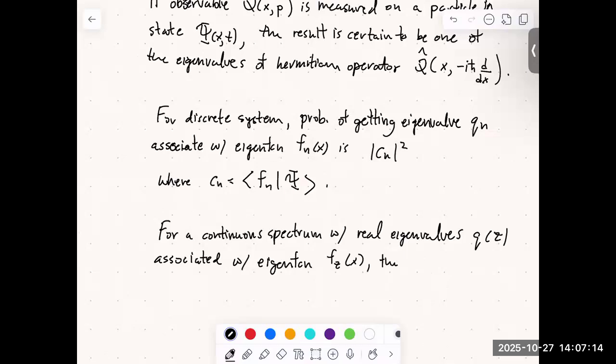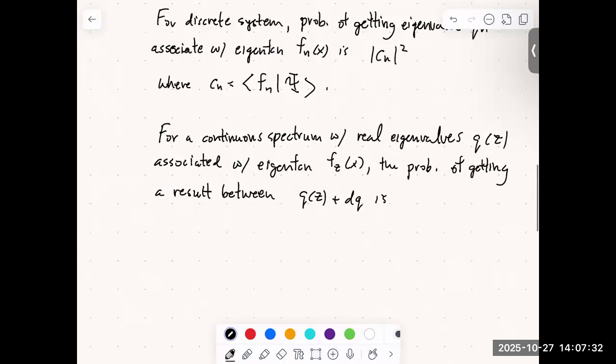The probability of getting a result between q and q plus dq is going to be the Cz coefficient squared, but this time we have to multiply by the width of the interval.